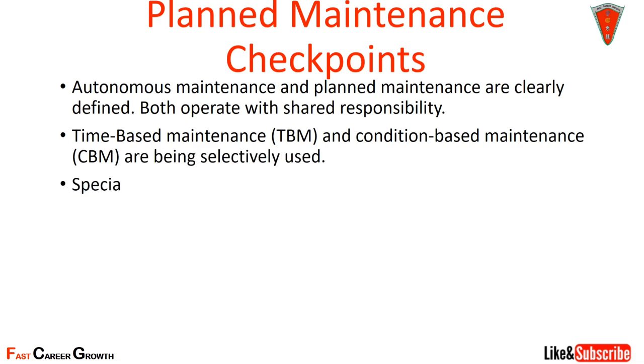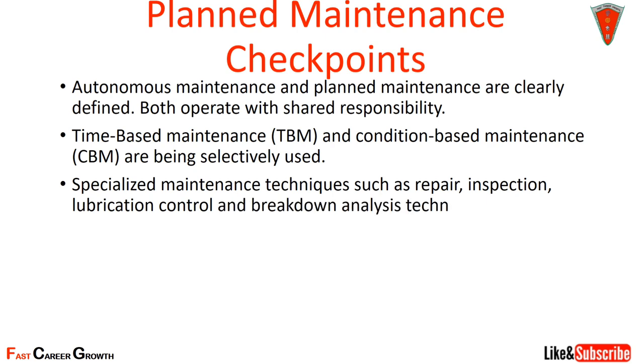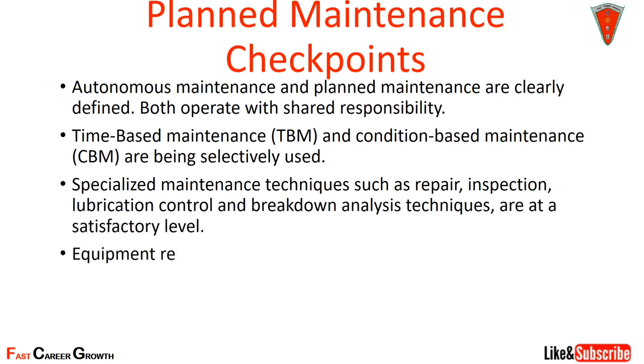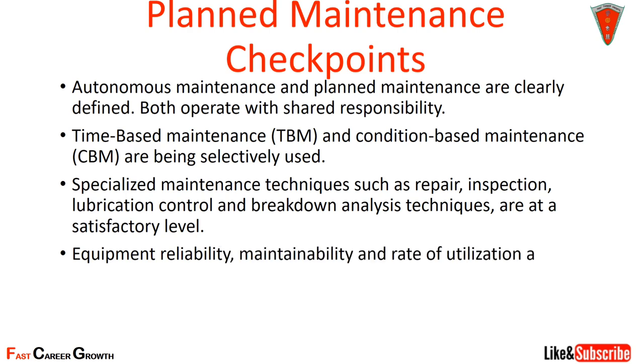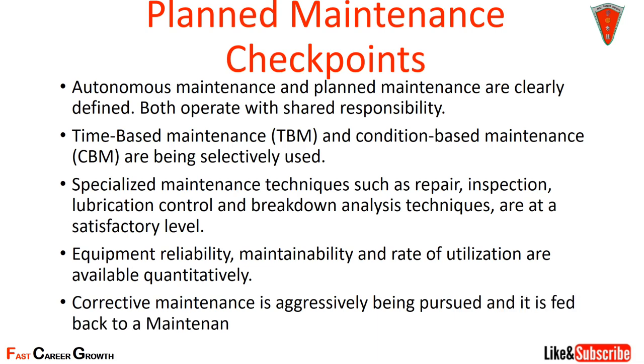Specialized maintenance techniques such as repair, inspection, lubrication, control, and breakdown analysis techniques are at a satisfactory level. Equipment reliability, maintainability, and rate of utilization are available quantitatively. Corrective maintenance is aggressively being pursued and is fed back to the maintenance prevention system. So this is the checkpoint of plant maintenance.